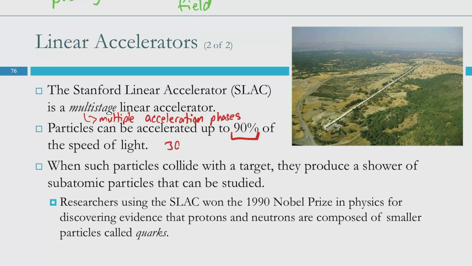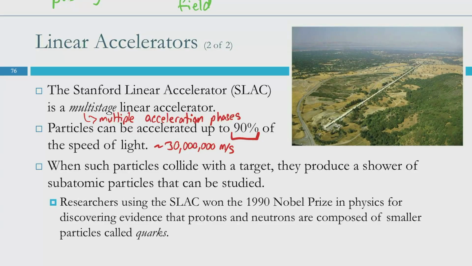So that's, I think, 30 million meters per second. We'll do a conversion to miles per hour. 30 million meters per second to miles per hour, since we're Americans.